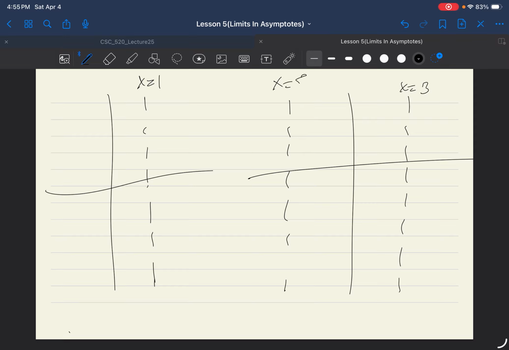For the homework one, I'll make it a little harder. This should be -5. Just to test you more. And then this will be y equals 2, my bad. All right. And this will just be y equals 1. Okay?